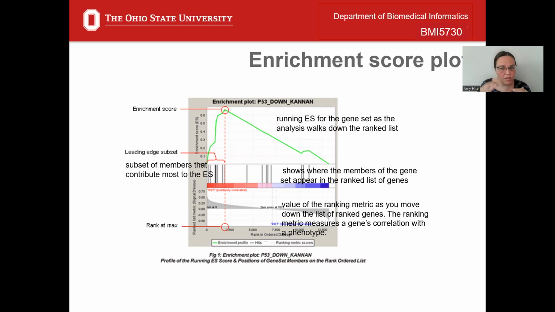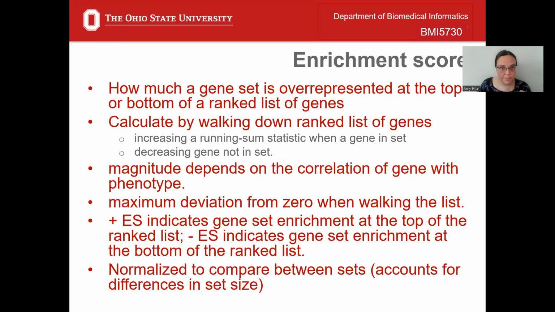It's going to do this to all of the gene sets that you want to test. This describes that enrichment score in more detail, but it walks down your ranked list of genes, increasing a running sum statistic when a gene is in the set, and decreasing it if the gene is not in the set.